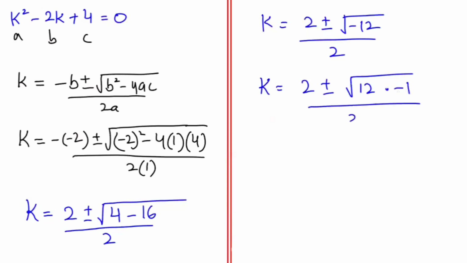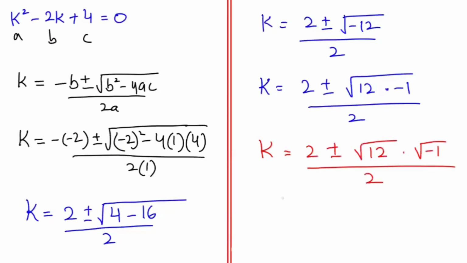Now I am going to apply here the radical property. k is equal to 2 plus minus root 12 times root of negative 1, over 2. And as you know, the root of negative 1 is equal to iota, the imaginary number.